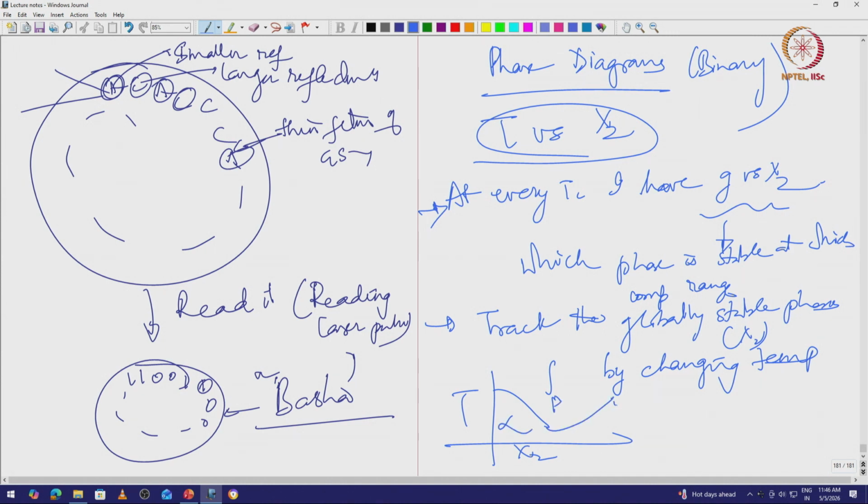Something like that will come out. This is not exactly correct, but something like that will come. So, we will track the locus of stable phases.